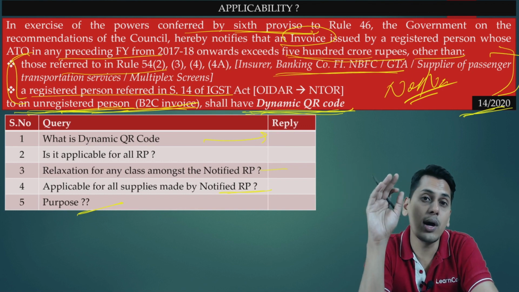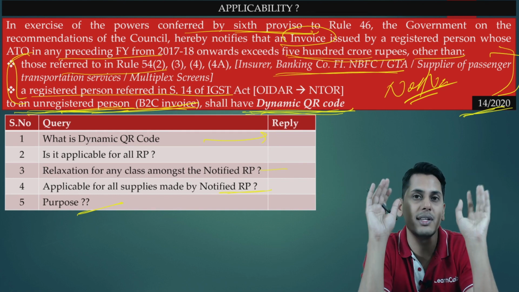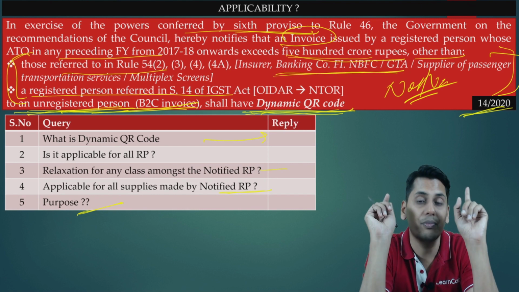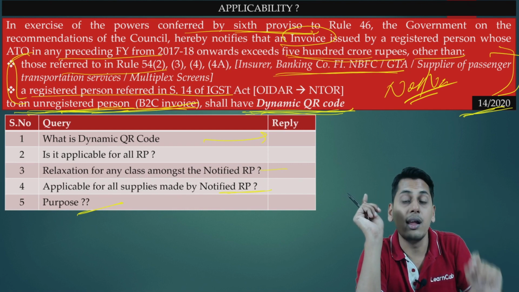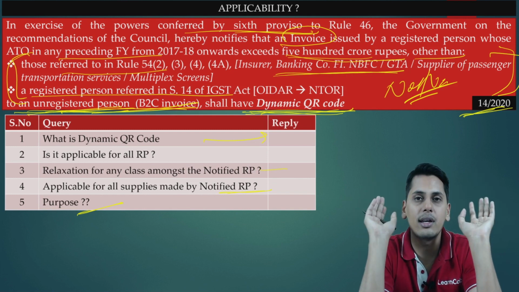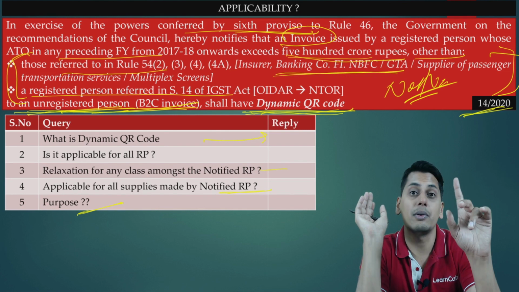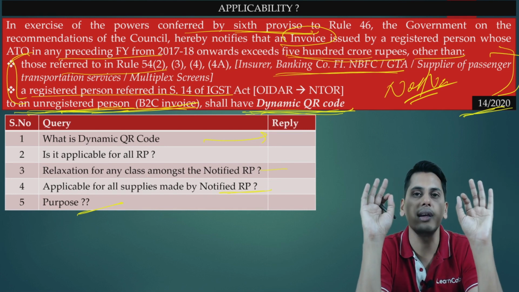So friends, the QR code in 46 sub rule (4), having an embedded invoice reference number, its purpose was to register the invoice in the invoice registration portal and only then issue the invoice, so that subsequent frauds can be stopped and advantages can be reaped. So the purpose was near real-time reporting, the registration of the invoice.